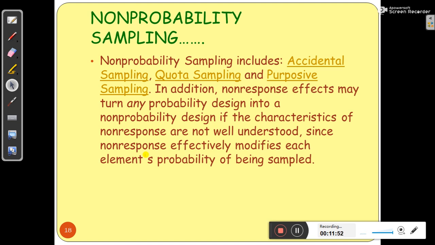We have to turn that probability design into a non-probability design.